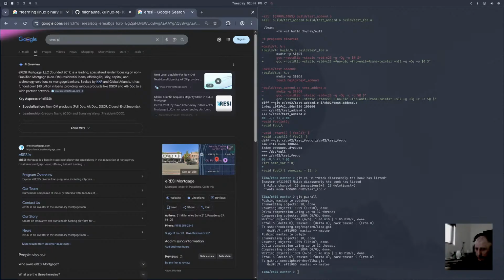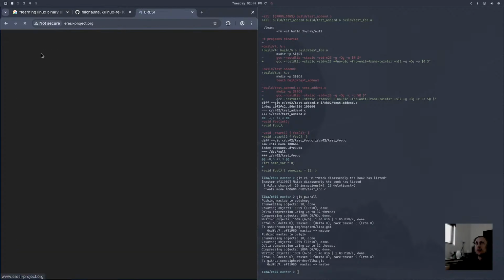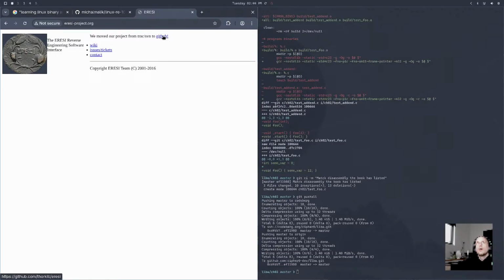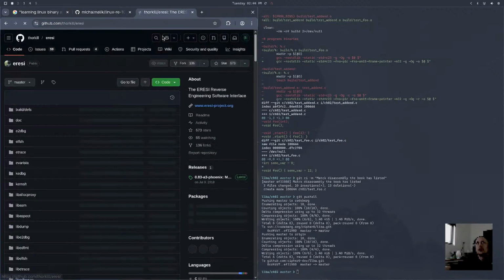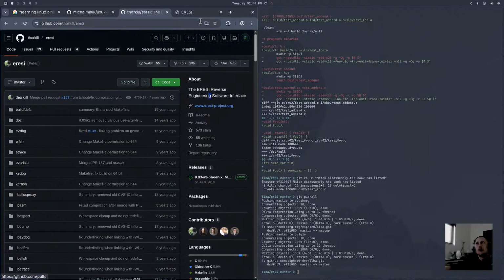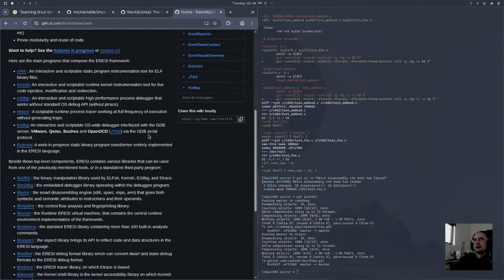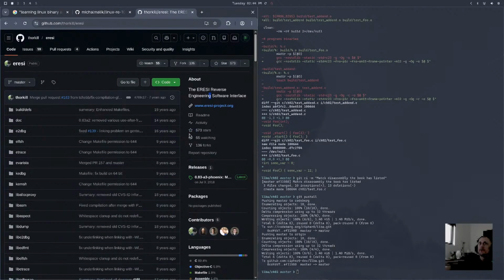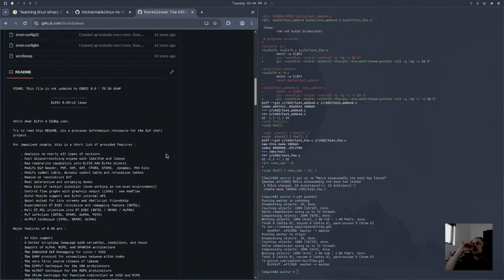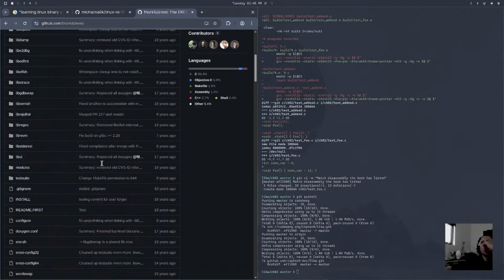Let's call it the ERESI project. ELF shell.